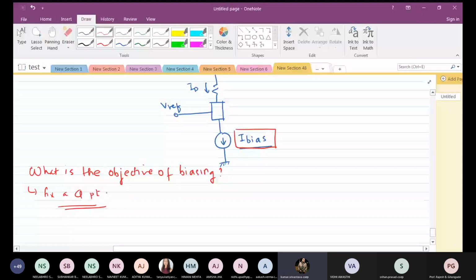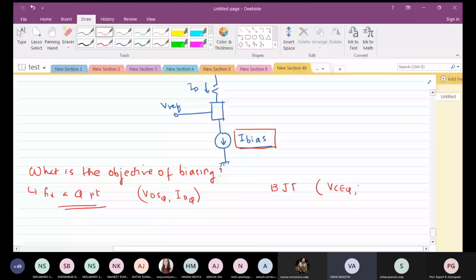Fix a Q point means what? On the output characteristics of MOSFET, we will have something like VDSQ and IDQ, for faithful amplification. In case of BJT, it is VCEQ and ICQ.